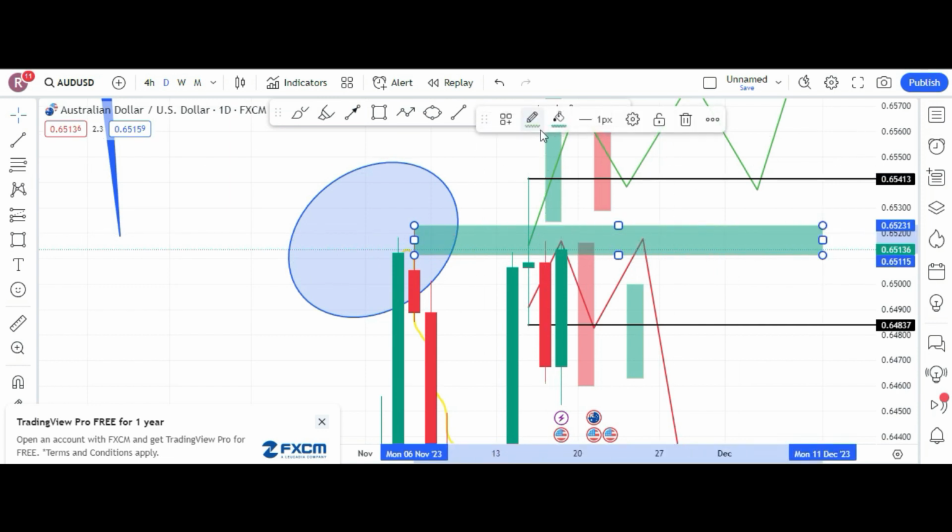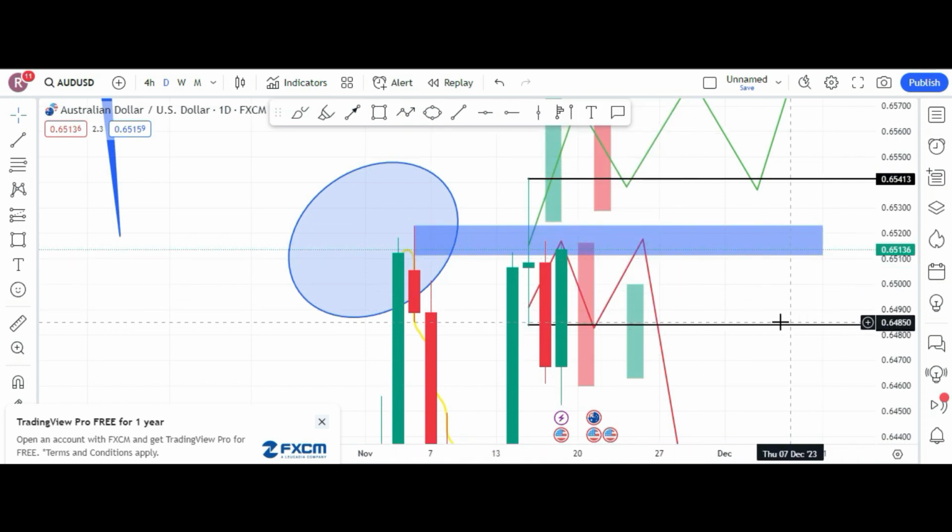So we change the legend to blue, and this is the double top we have. Now when this was our range I defined in 15th December, that without breaking this upper side or lower side, we cannot see any significant changes.